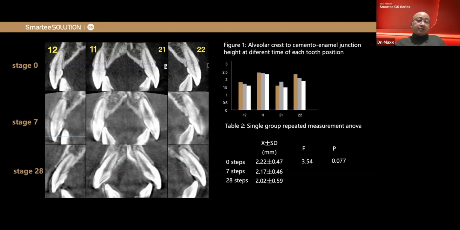So it's quite physiological. So we use the S5 technique and we get a good result. Now, could you imagine if you use braces, could you get the same good result as this one? Maybe not.